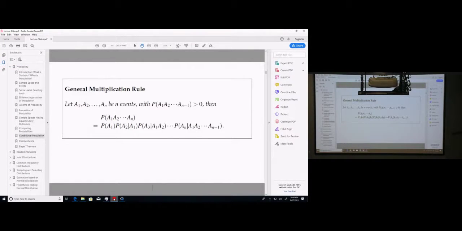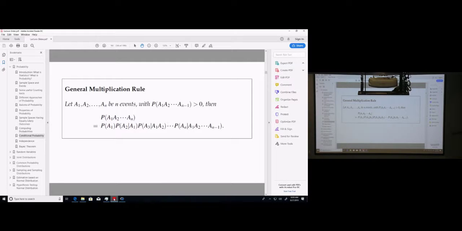The argument is this: you want all these n events to occur together. So you first insist that one of them has to occur, and you call it A1, and then the second one has to occur given that the first one has already occurred. And when you are coming here, you want the third event to occur given that the first two events have already occurred, and so on and so forth.